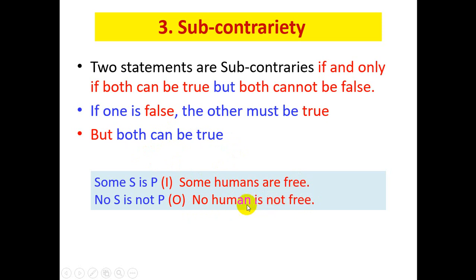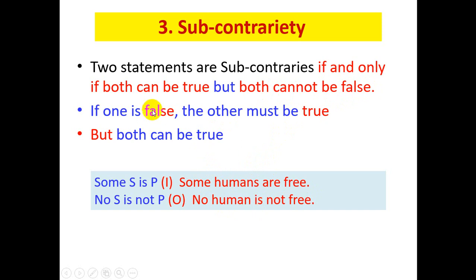Take care here. We have two negations here, no and not. So if we drop these together, then we have human is free, so this is the same. Both of them can be true, but both of them cannot be false. If one is false, the other must be true.